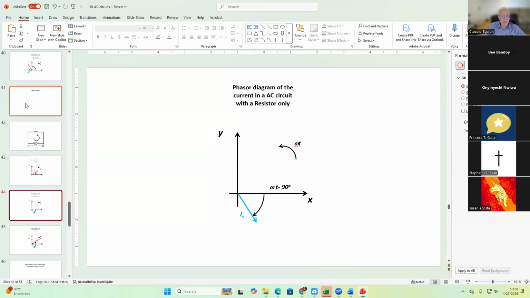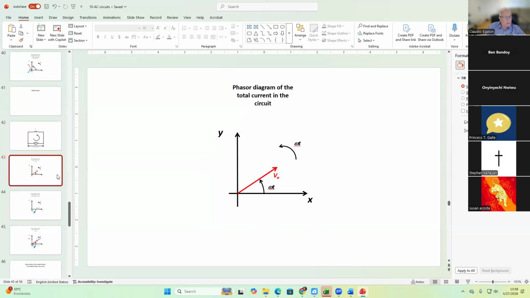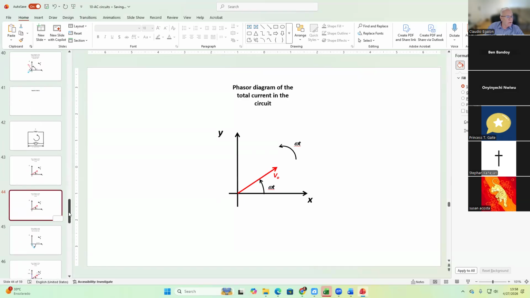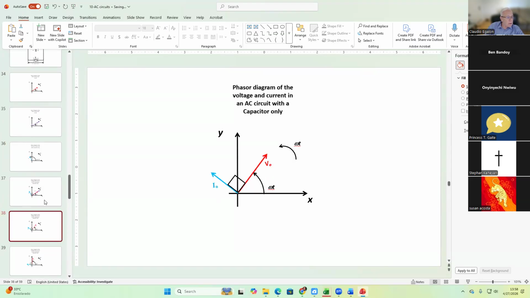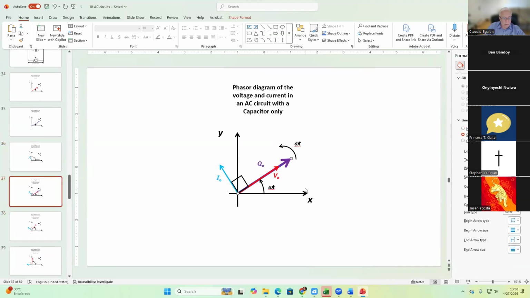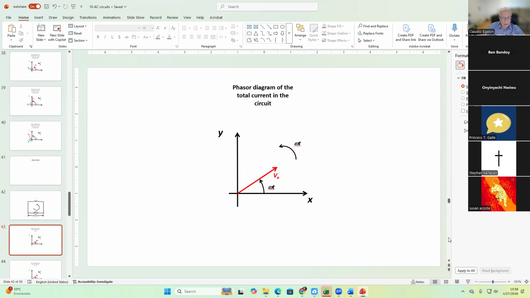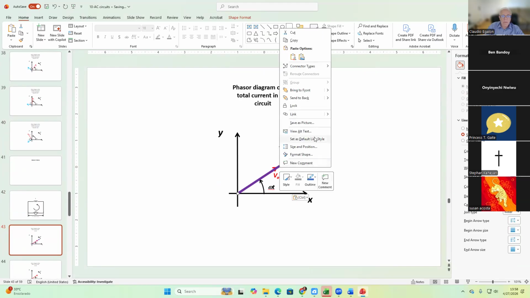Okay, V naught, I naught. What I didn't put in there was the delta I, delta T. Let us put the delta I, delta T there, just like we did for the charge. Like here. I want to send that to the back.